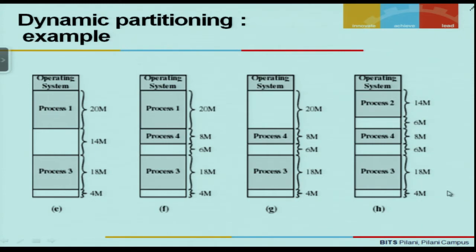So, eventually when the system is running, in case of dynamic memory, we can very clearly see that small size holes are going to get created in the system, and the small size holes are going to be unusable holes, because if the processes which are coming in are of a bigger size, they will not be able to get accommodated.